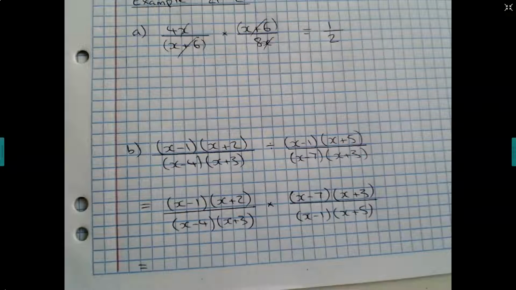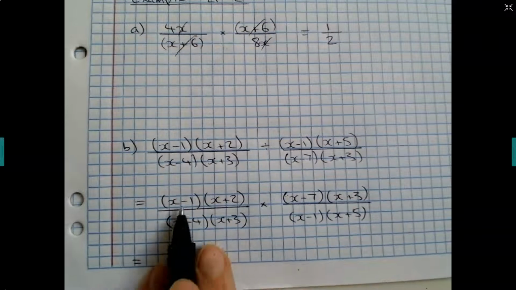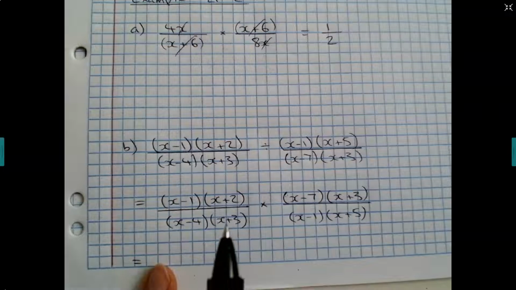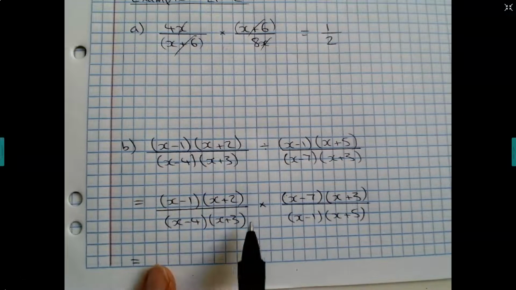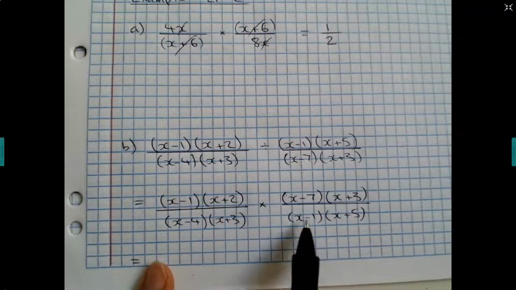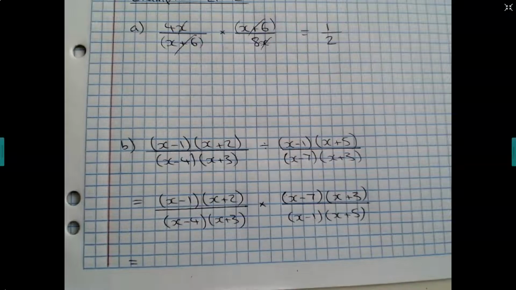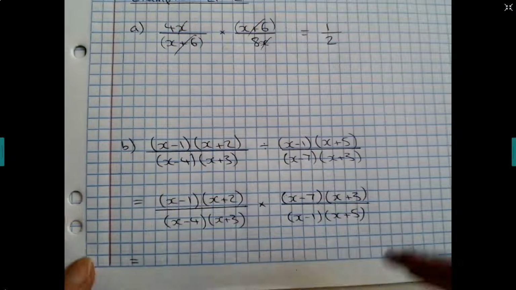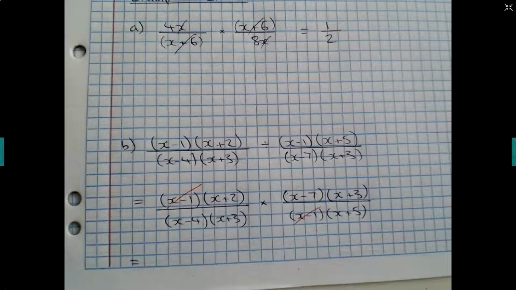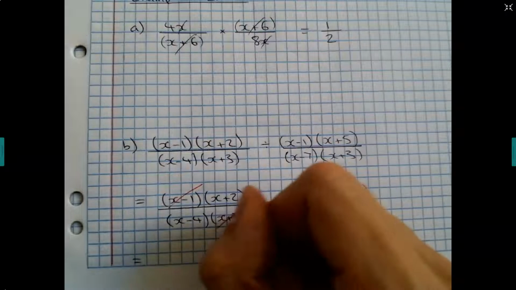Now, what that allows me to do is look for certain terms that I can cancel. Anything on the top can cancel with anything on the bottom because it's all multiplied. If that was a plus, then I couldn't do this. Now that's x minus 1. Look at that. I've also got an x minus 1 term there. So they cancel each other out, because essentially when we divide them, we get 1. Alright, what else? Do we have any other terms? Okay, so that.